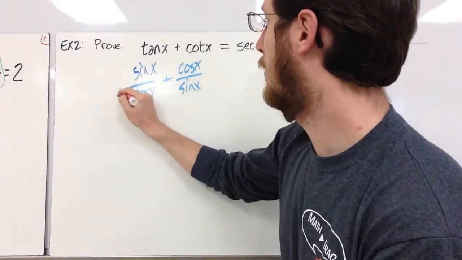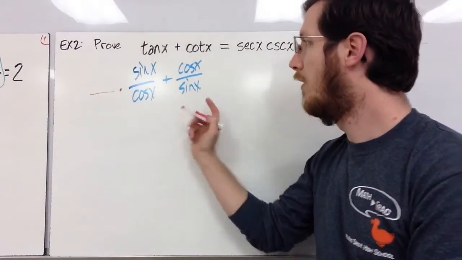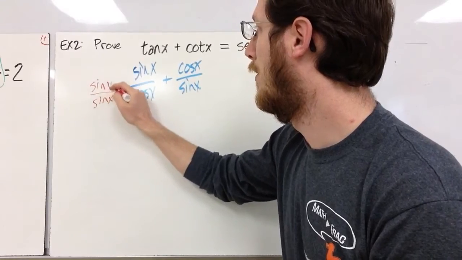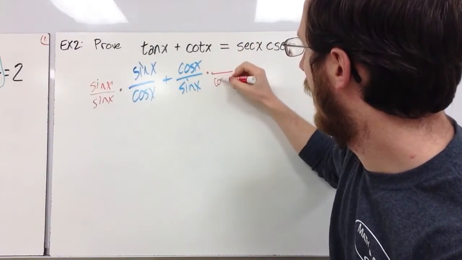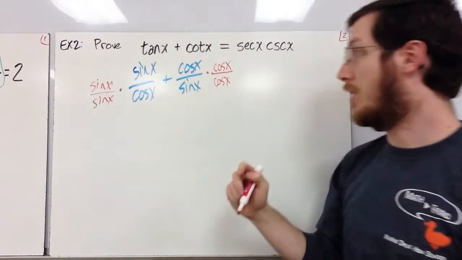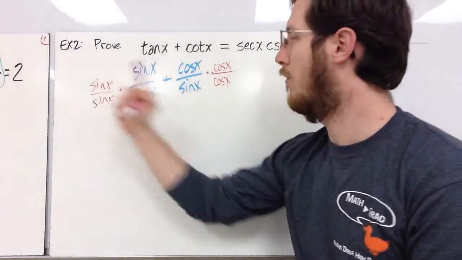This guy I'm going to have to multiply by sine of x on the bottom to get my common denominator. This guy I'm going to have to multiply by cosine of x. We do it on the top and the bottom so we don't change the value, just the form. We've got a 1 here, a 1 here.